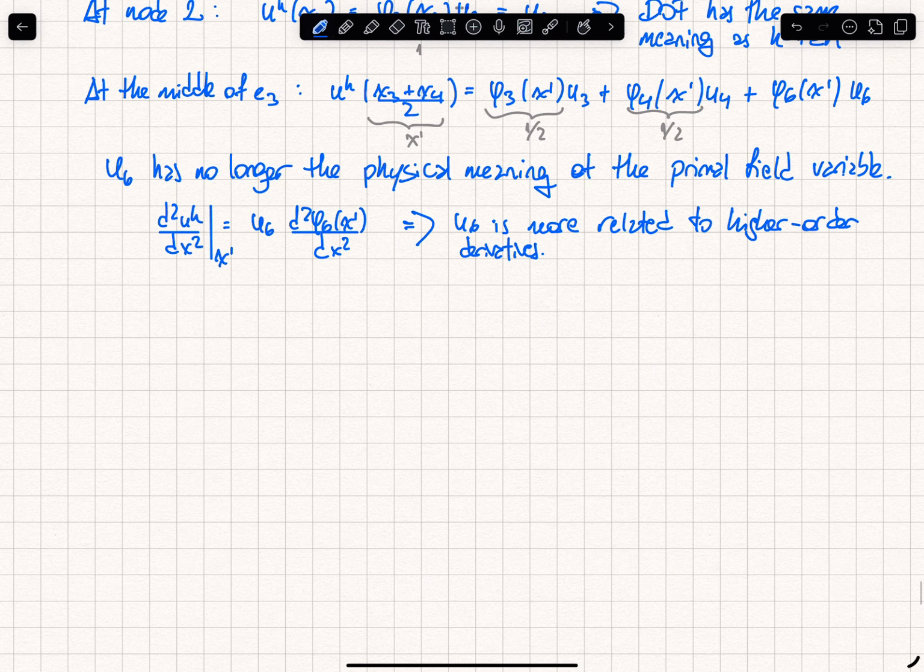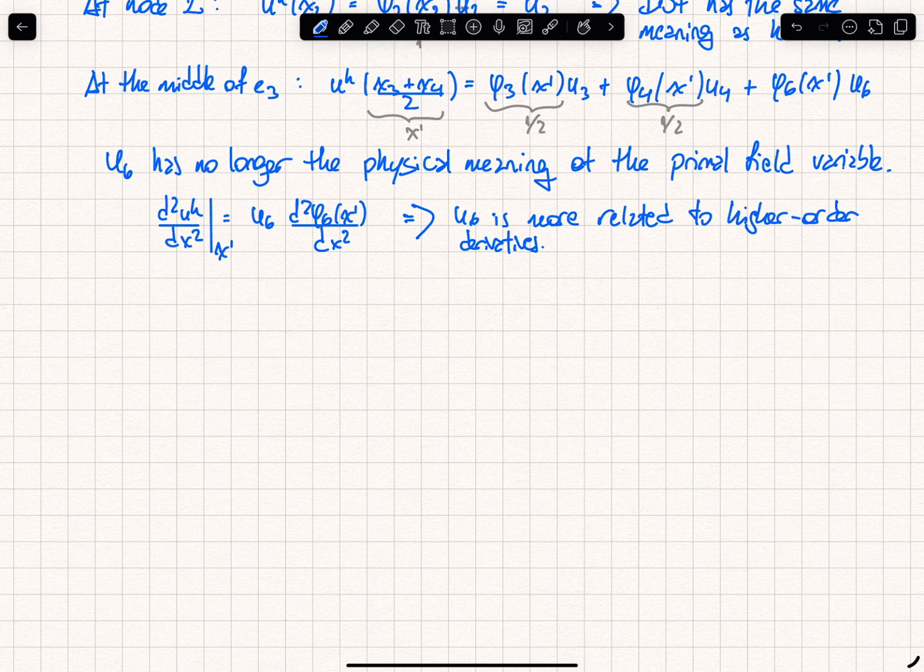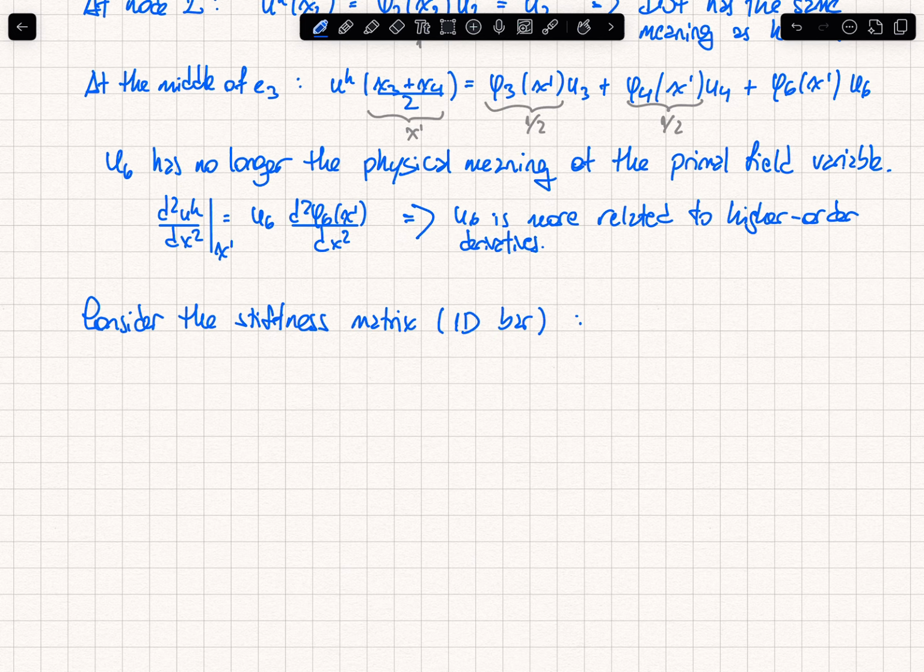Okay, so just to finish this, because it's already 42 minutes, let's apply this to something that we are actually going to do in the project. Say we want to compute the stiffness matrix of our p-FEM implementation, applied to the 1D bar element.